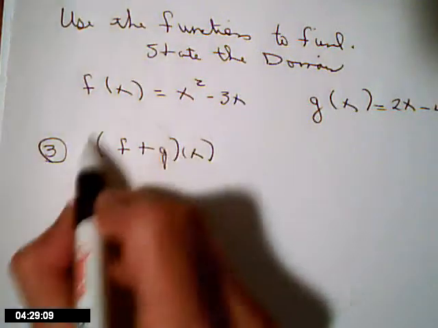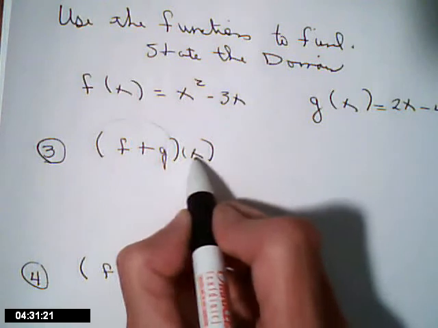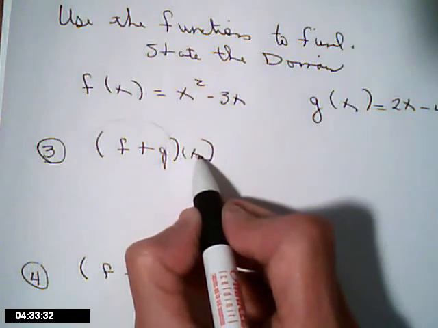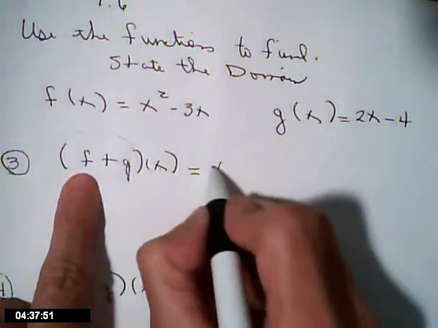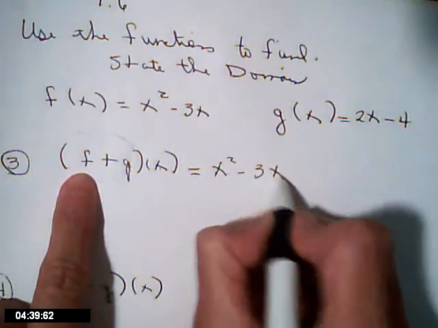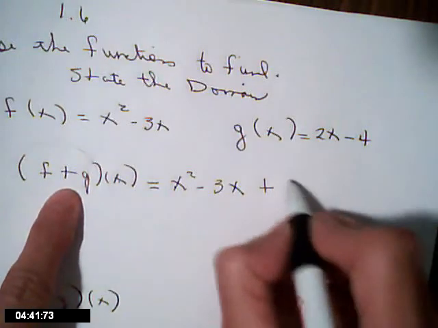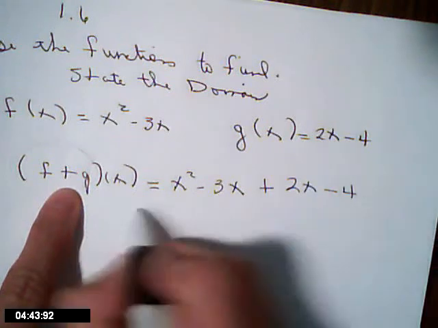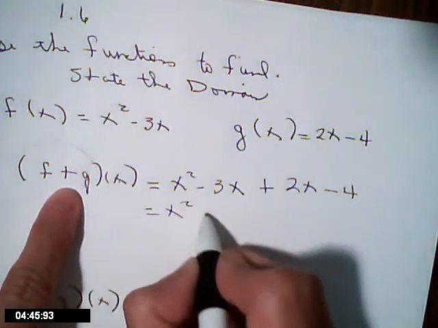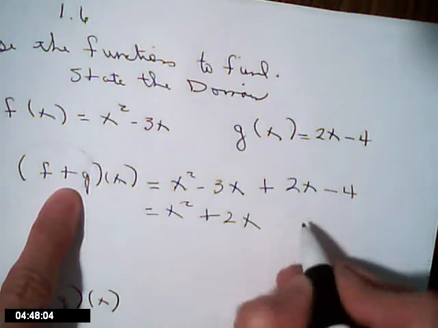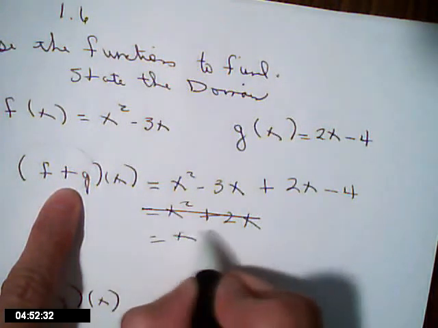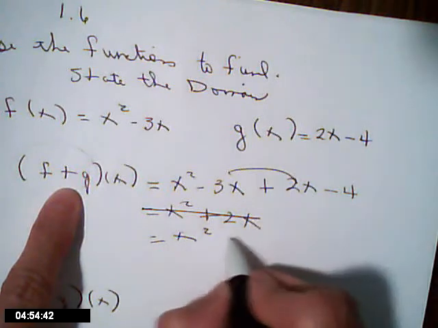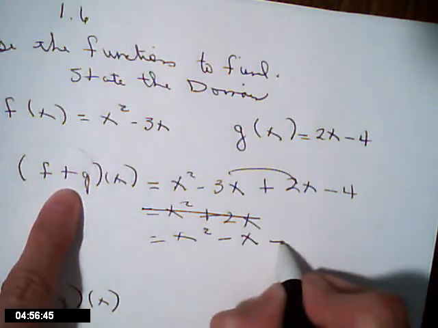Notice, f plus g means to add. We don't have a number, so we won't be substituting anything in. We'll just strictly add f plus g, and that'll be x squared plus 2x, let me go again, x squared, and if we add these two, that'll be minus x minus 4.